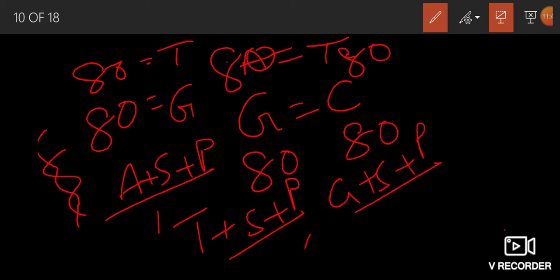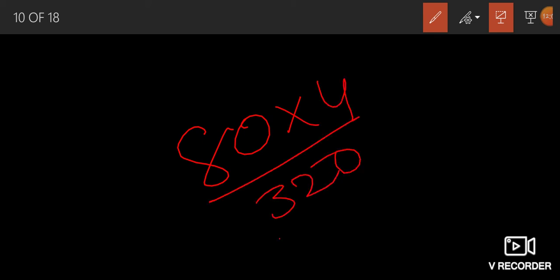Cytosine, sugar, phosphate is another. Totally 4 nucleotides are formed. So 80 into 4, totally 320. The right answer is 320.